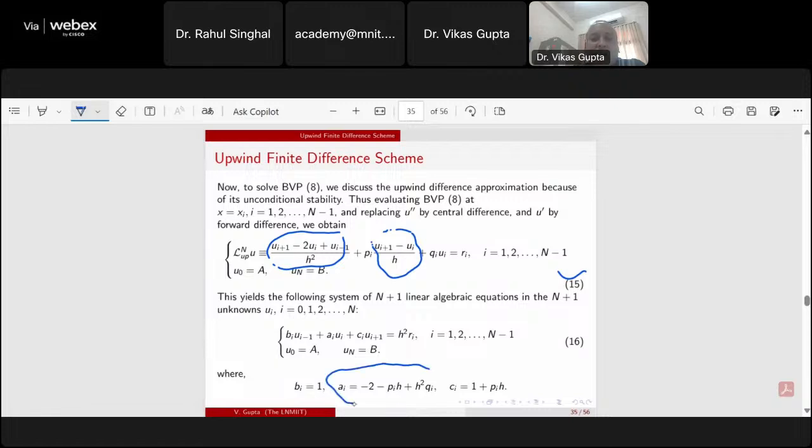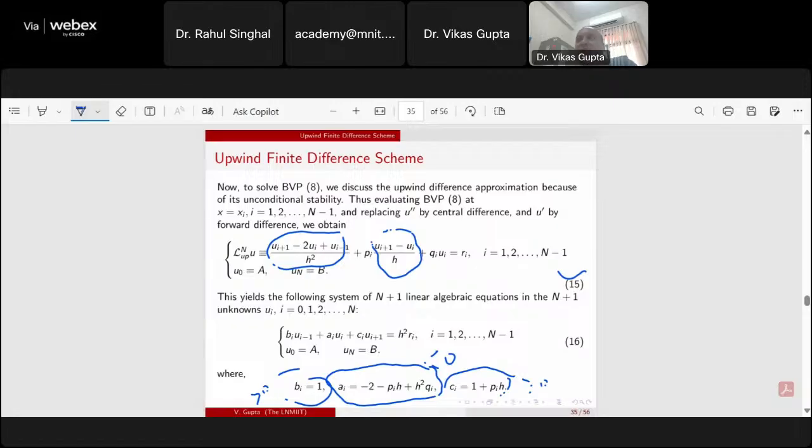So a_i is negative, b_i is positive, and c_i is also positive, and you can also notice that a_i plus b_i plus c_i is less than 0. So the system corresponding to the upwind finite difference scheme satisfies the M-matrix criteria.